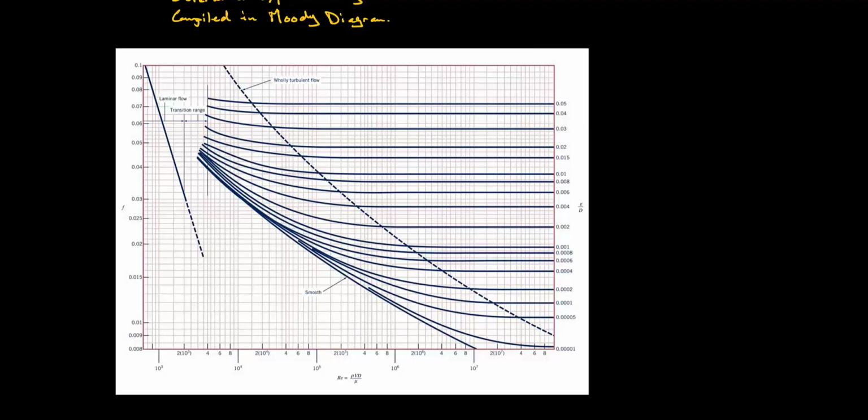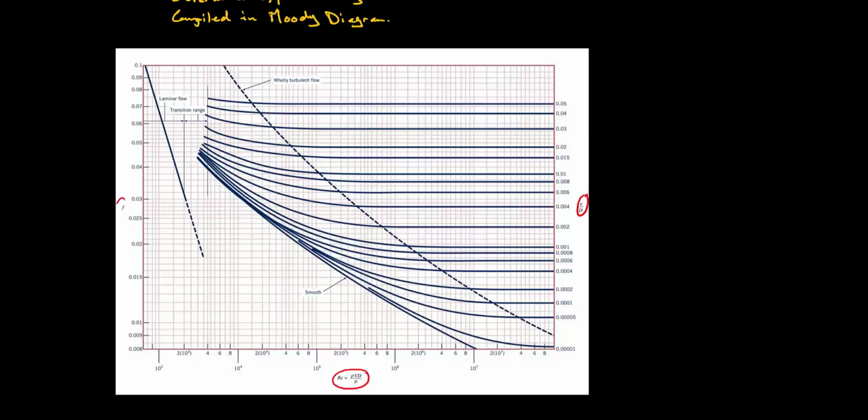So here we have a typical Moody diagram. On the x-axis, we have the diameter-based Reynolds number, which defines the flow regime in our pipe. On the secondary y-axis over here, we have the surface roughness divided by the diameter of the pipe.